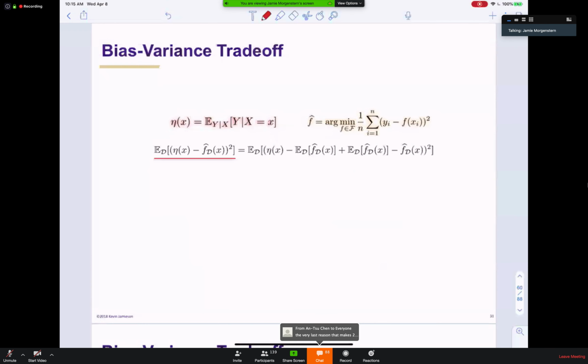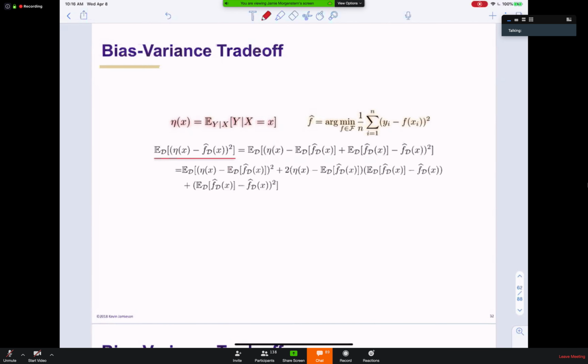Okay, so this is the same term, the learning error. And again, we can complete the square by just adding and subtracting the same term. Then we can do exactly what we did before. We have this same eta x minus eta d f hat of d x squared, plus twice the 2 middle terms.